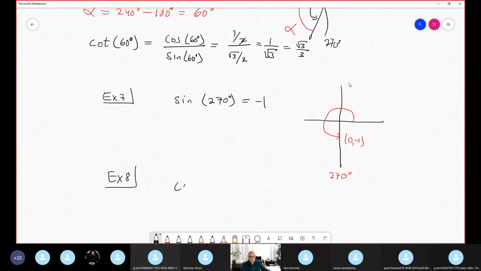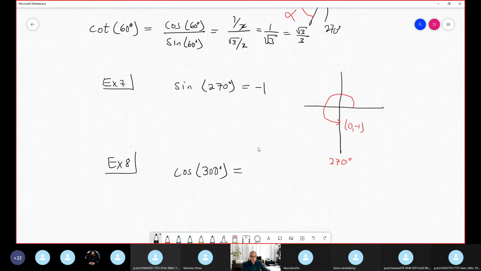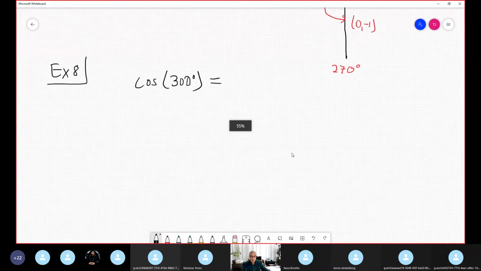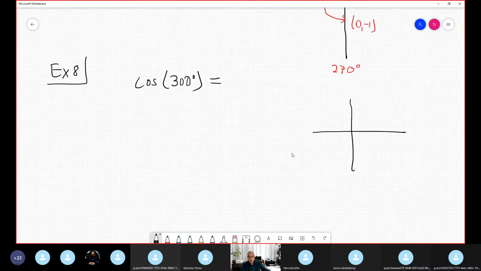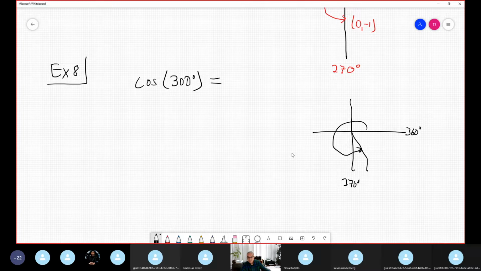Example 8. Cosine of 300 degrees. Wow, 300 degrees. In what quadrant does 300 degrees lie? The fourth quadrant, very well. Because the angle is between 270 degrees and 360 degrees. Suppose 300 is like that, it's theta, and this is our reference angle, alpha.